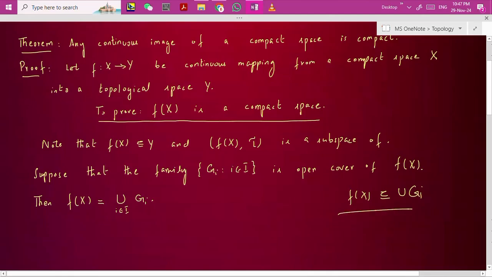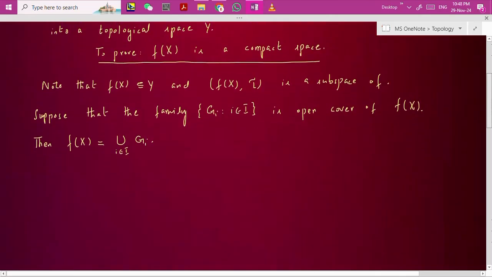So if this one holds, then this equality holds. But for simplicity and for the sake of convenience for the students, you must write in this way because this is very simple.